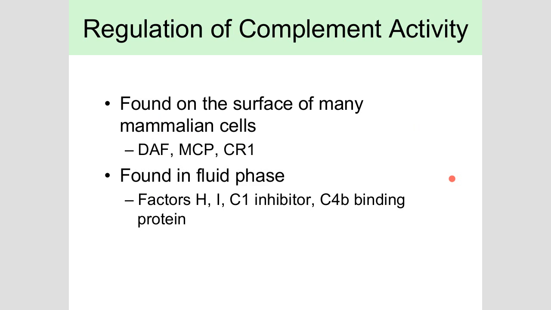They took a pig's heart and gave it to a baboon to see if it survives the graft. And guess what happened? The complement proteins in the baboon's body killed the pig's heart. They found out the reason was that those protective mammalian surface proteins were not present on that donated organ.